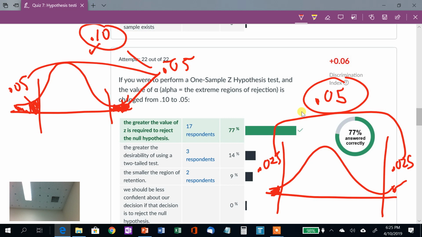Values go further away. So here, this one, you go further away, less space, such as 0.025, 0.025, they add together.